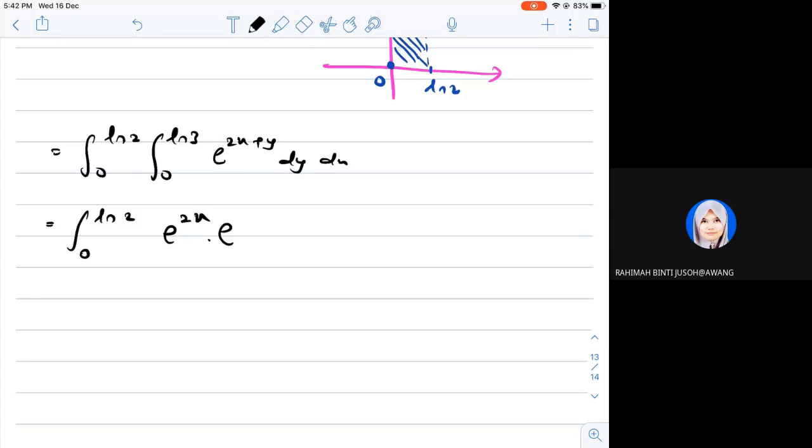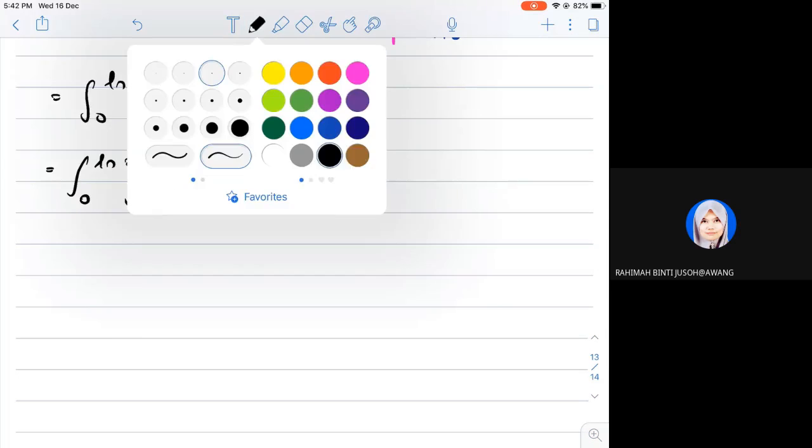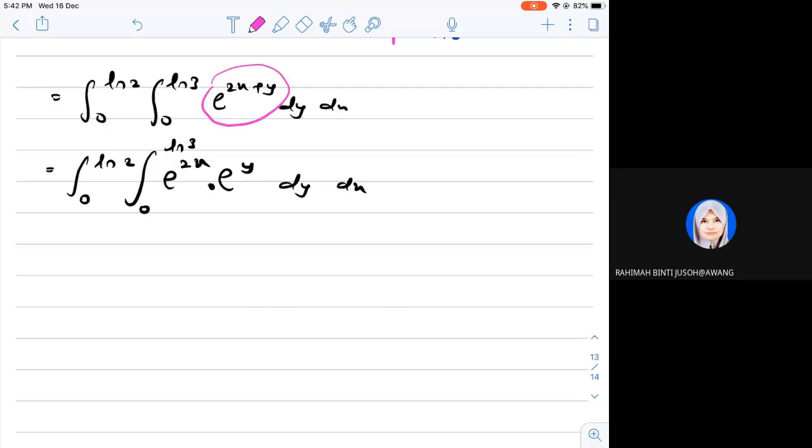Saya asingkan jadi macam ni, dy dx. Understand the steps? Saya tak integrate lagi, saya just separate the power of exponential. Dia akan jadi exponent 2x darab exponent y, macam tu kan?